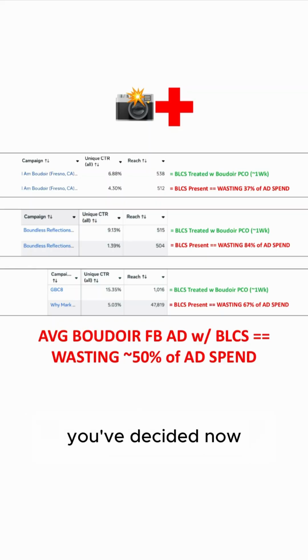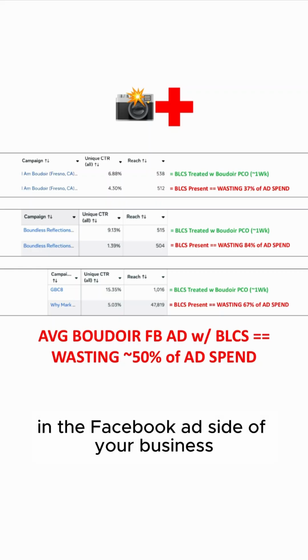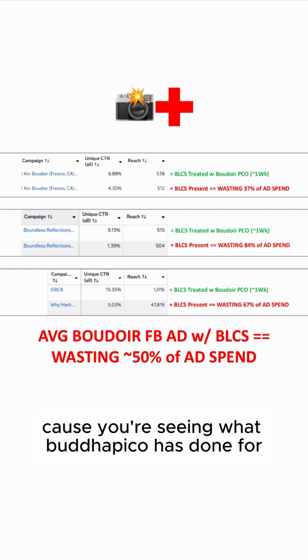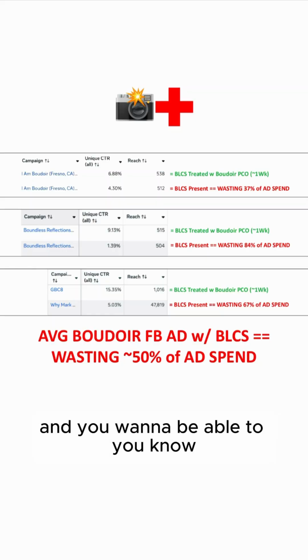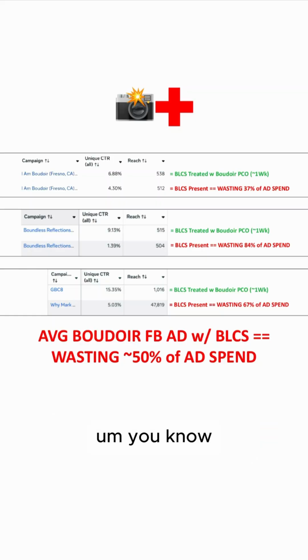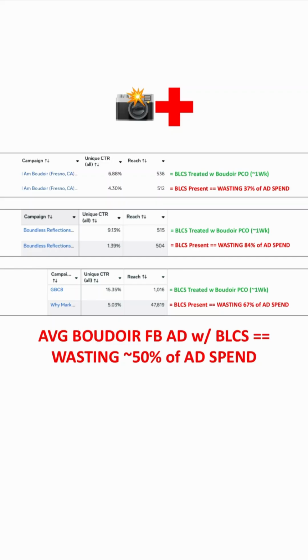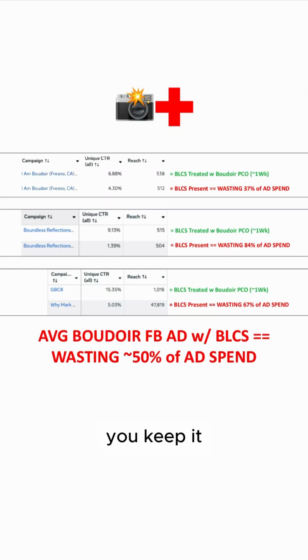You've decided you need to do that same optimization on the Facebook ad side of your business, because you're seeing what Boudoir Pico has done for other people's Boudoir Facebook ads, and you want to get back in your pocket approximately 5K every single month, or about 60K at the end of the year. With that wasted ad spend 100% eliminated, you don't have to spend it, you keep it.